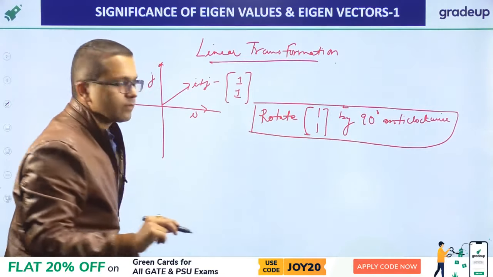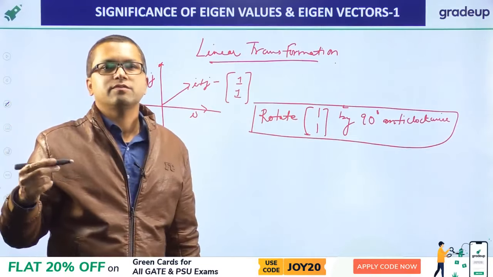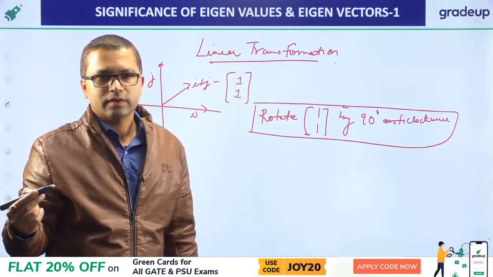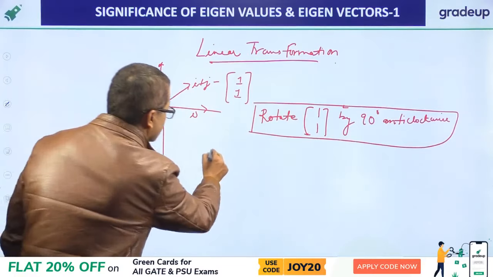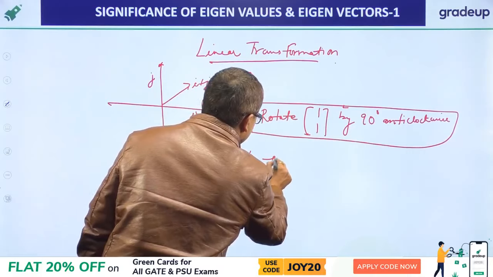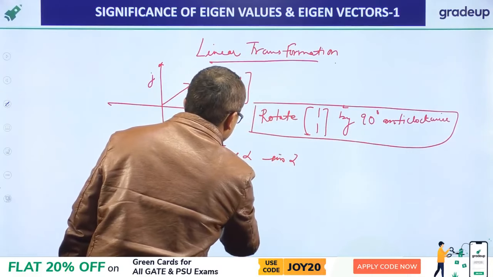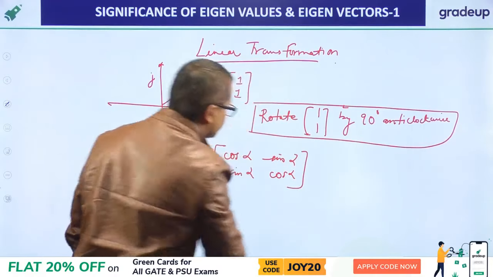Now, to rotate a vector, we have a transformation matrix. That matrix is given by something like this: cos alpha, minus sin alpha, sin alpha, cos alpha.